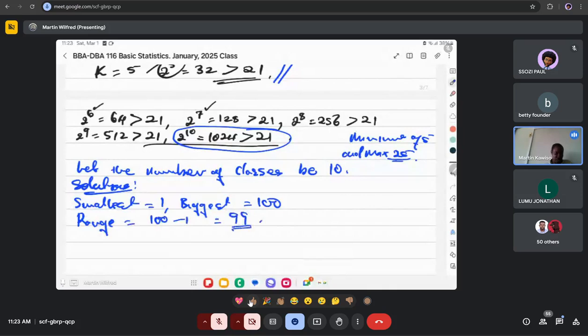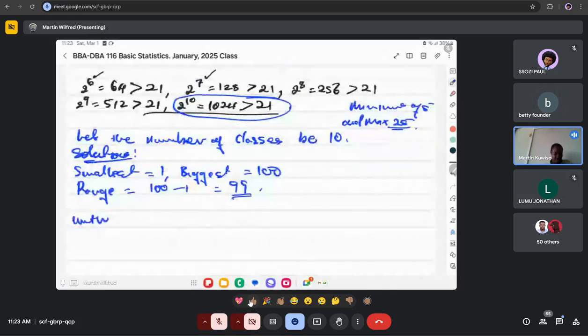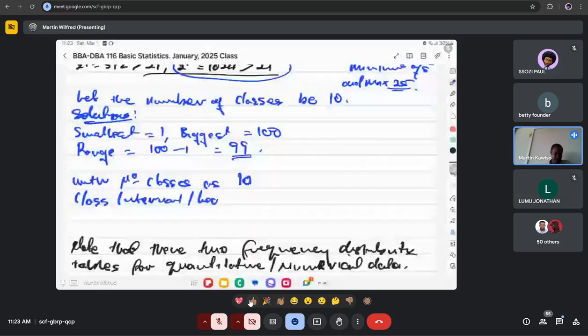So with the number of classes as 10, because I've been trying out here, I want one that picks all our information. Our class interval, or what we call the class length, or the class width, is given as range relative to number of classes. It's given as range relative to number of what?